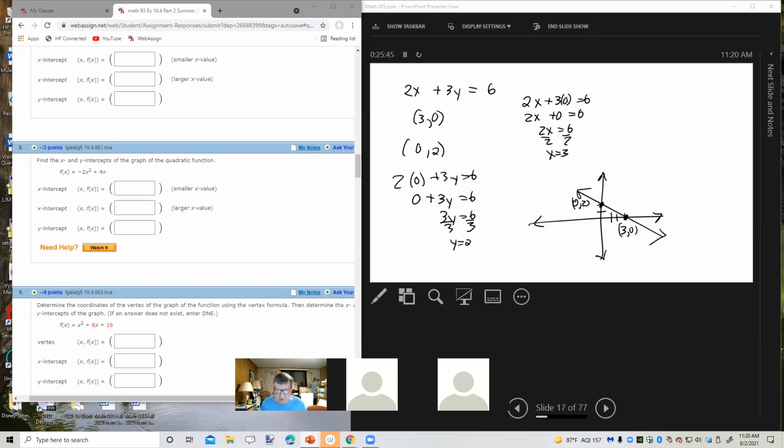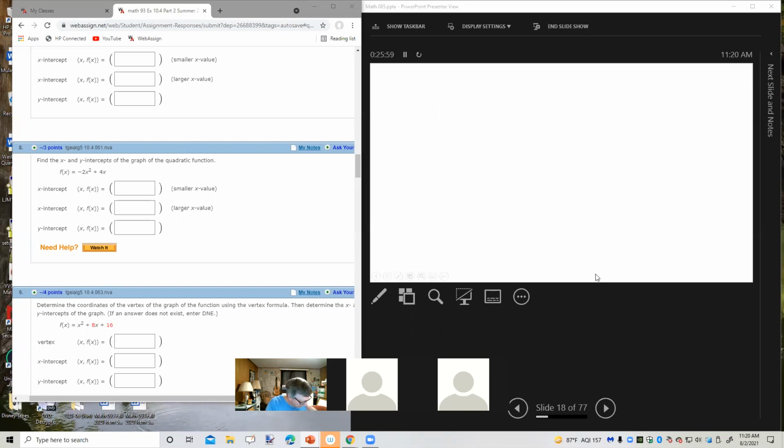Okay? And once we've got the x-intercept and the y-intercept, we could draw our graph through those two points. All right. So what's the takeaway from this? To find x-intercepts, set y equal to 0. To find y-intercepts, set x equal to 0. Now let's apply that to a second degree or quadratic equation.